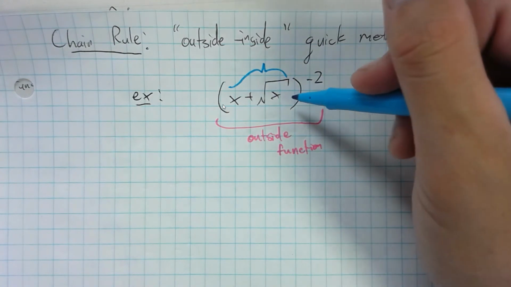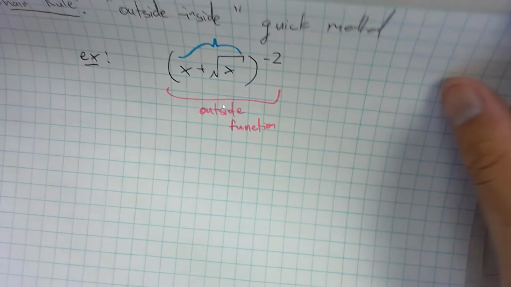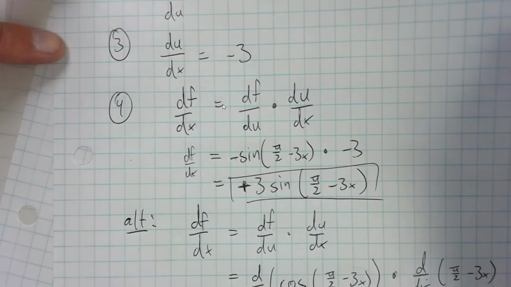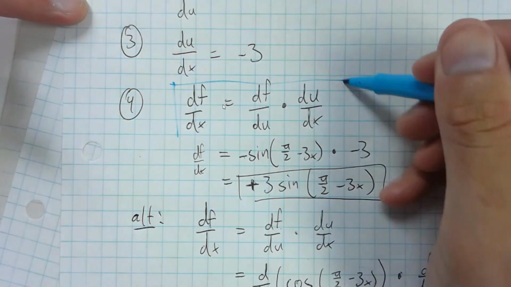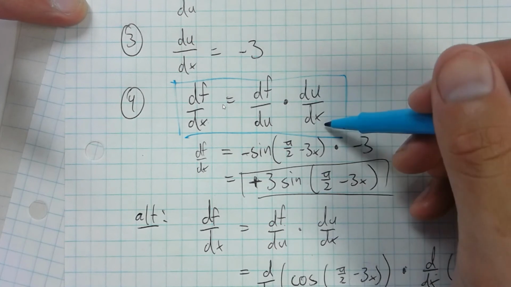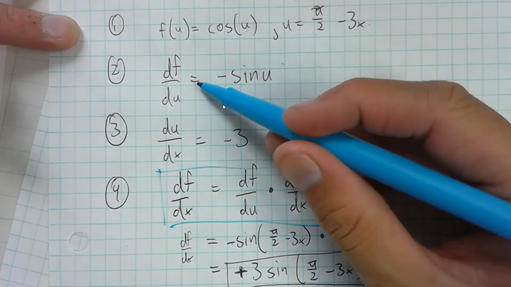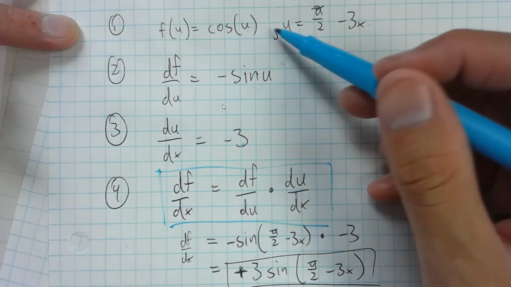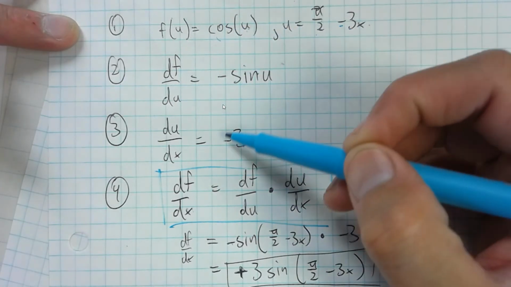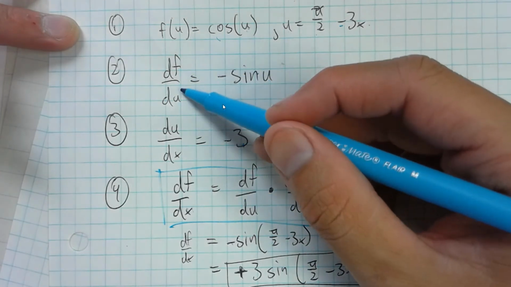So this one is not quite as, I mean, it could be easier to save you time, but the last one, the reason why I liked it is because as long as you knew this fact here, df/dx is equal to df/du times du/dx, and then you define what your u is, and then you start taking derivatives of both the components, the bigger function on the outside and the function on the inside, it just works out a little bit easier if you start defining things with notation.